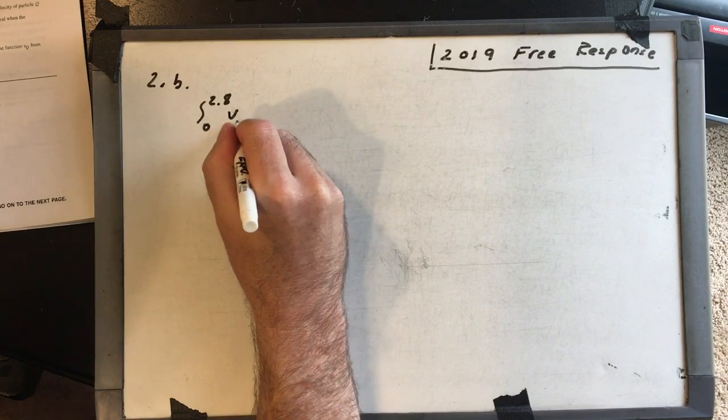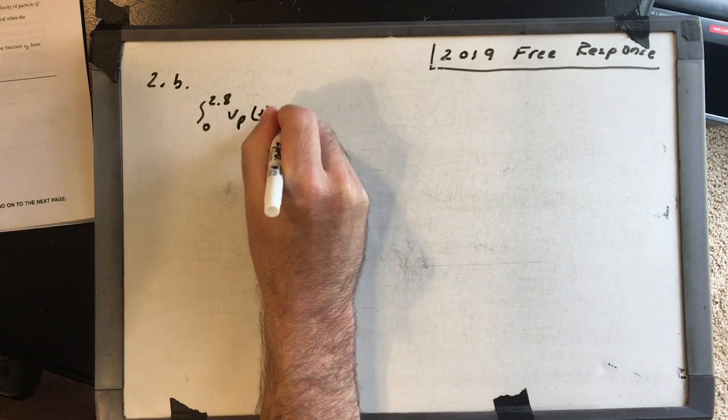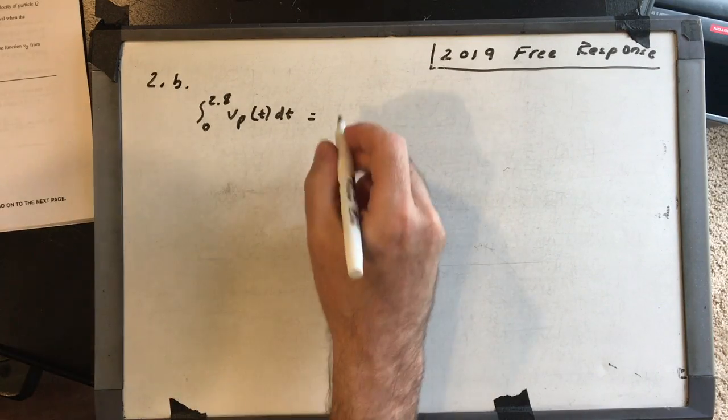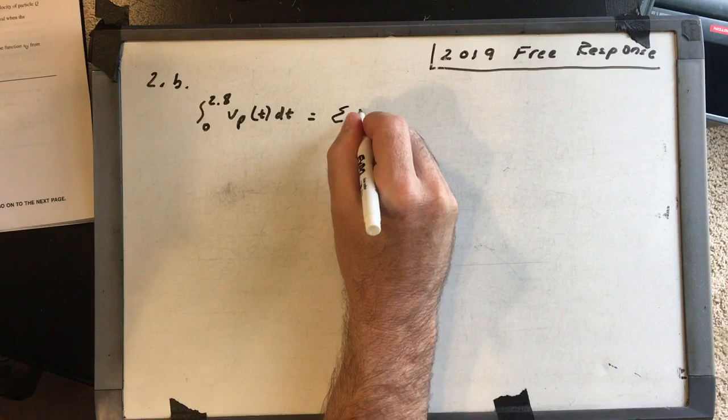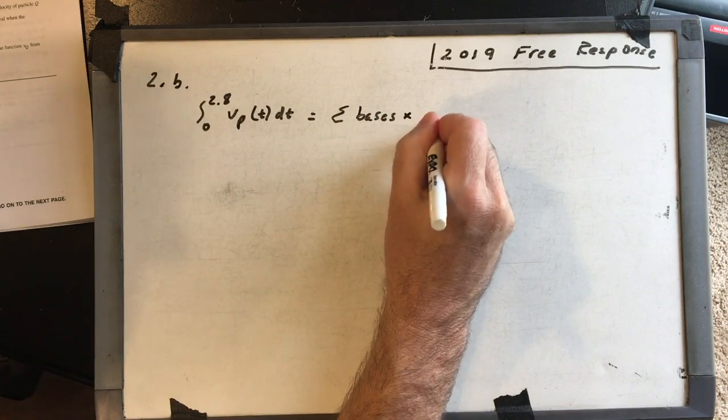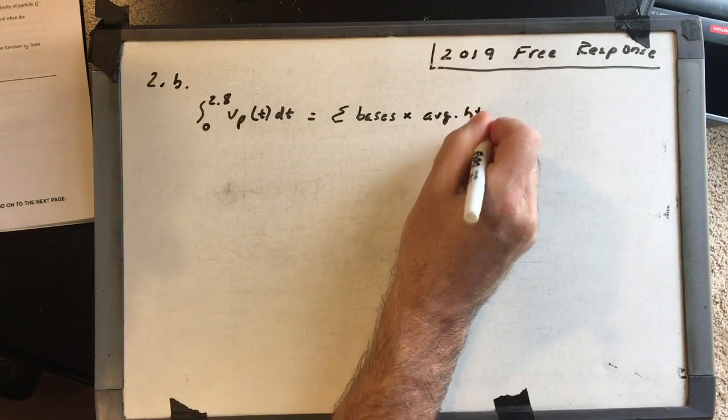So the integral of v prime of t dt is going to be the base times the average height. It's just the sum of the bases times the average height of each interval.